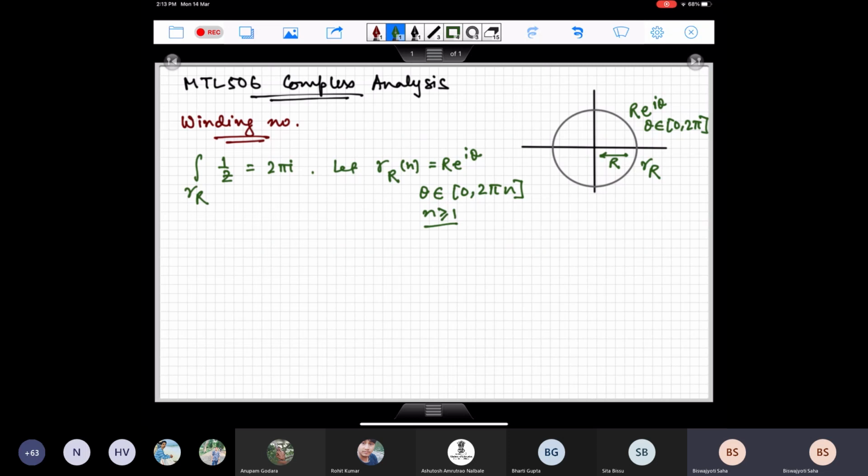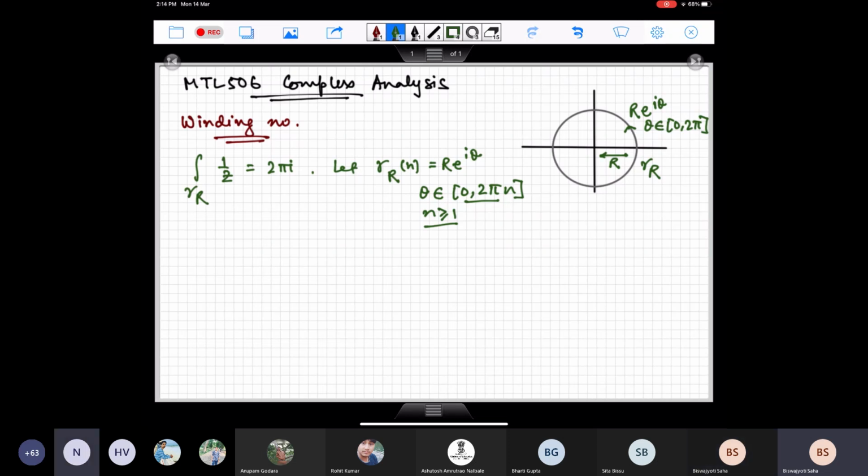Now of course when you see the picture of this path, when you just look at the trace, it's only the circle. But what is happening is that I am taking theta from 0 to 2 pi n for some integer bigger than or equal to 1. So what does this path really do? It traces the same path n times, right? Is it clear that this gamma r n is effectively the same path traced n times, isn't it?